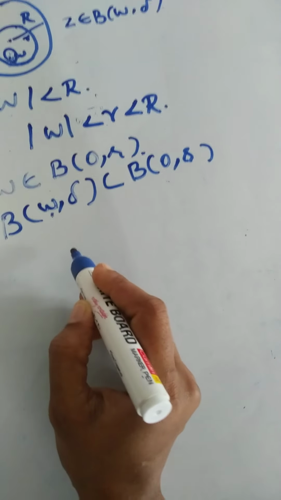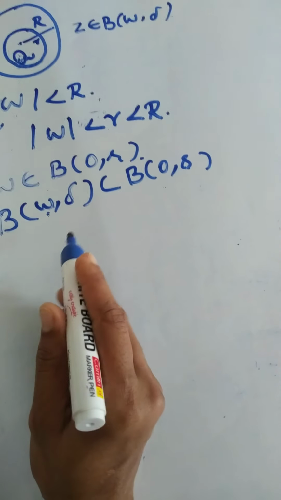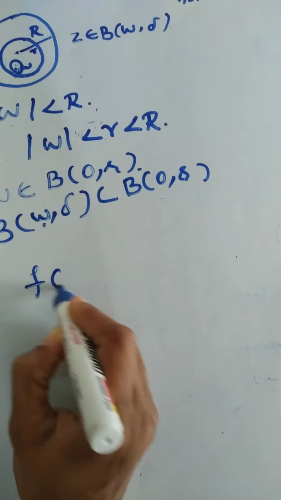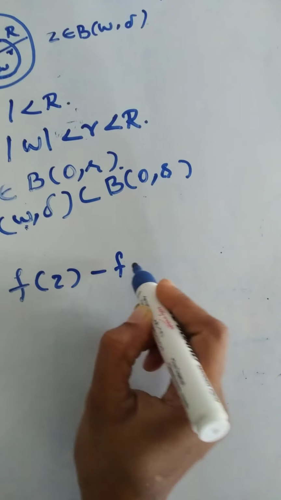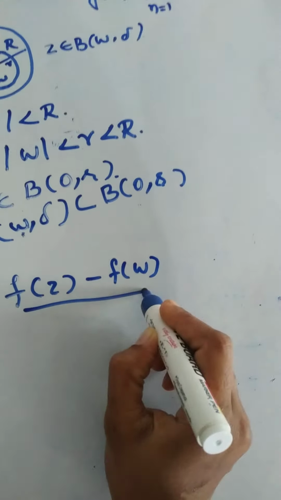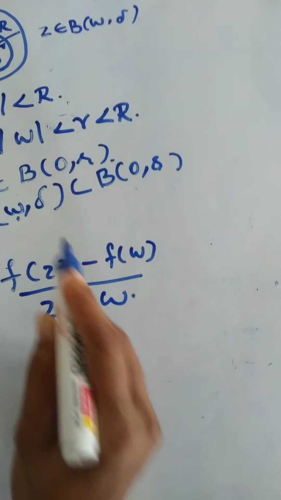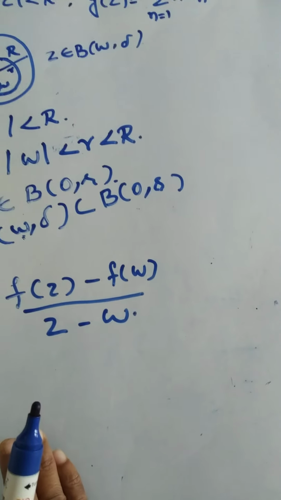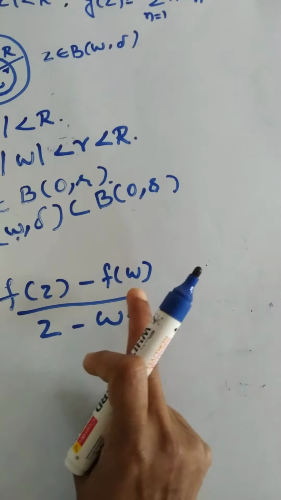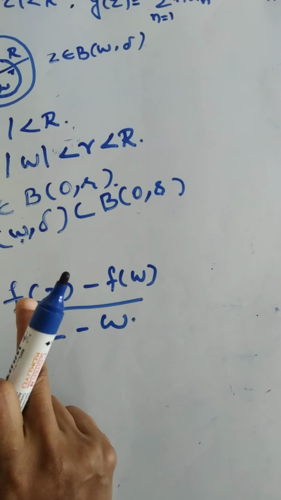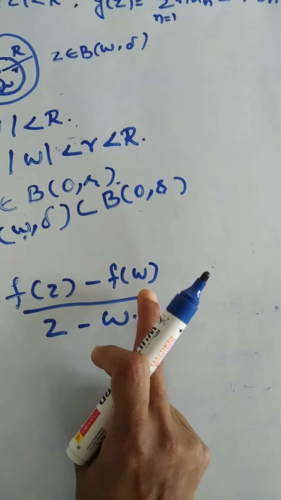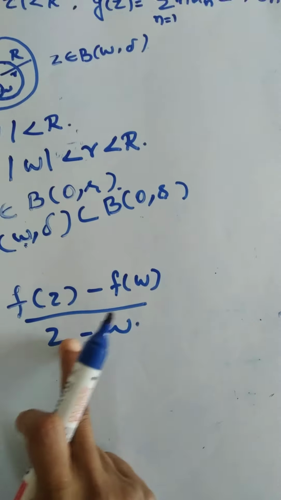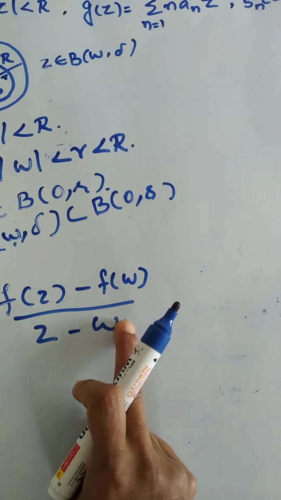Okay, so to prove F of Z is differentiable at the point W, you just consider F of Z minus F of W divided by Z minus W. I think my path is clear to you. F of Z minus F of W, you need to show that F of Z is differentiable at the point W.